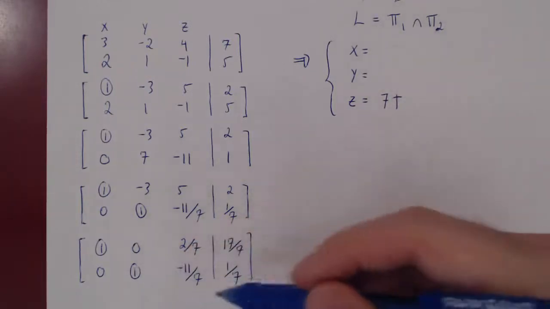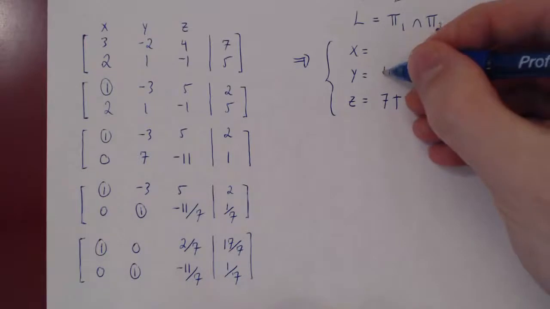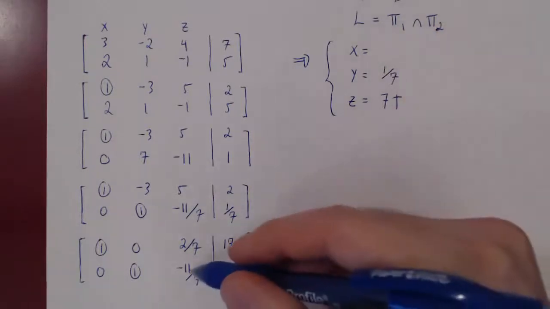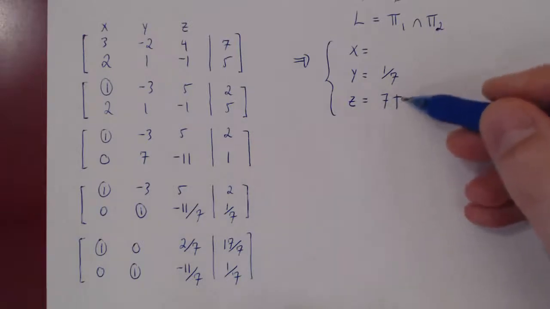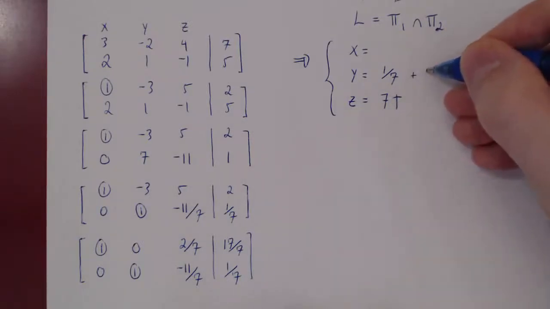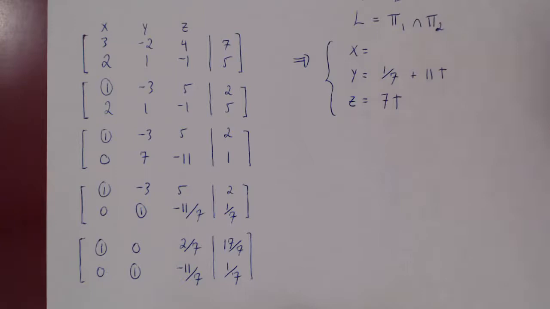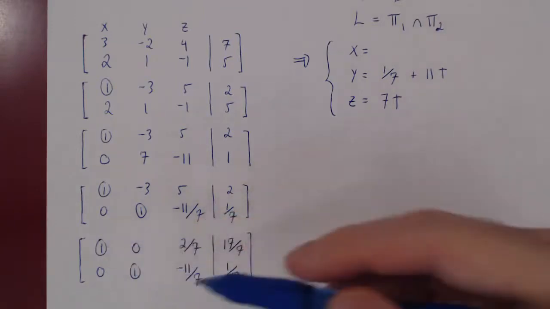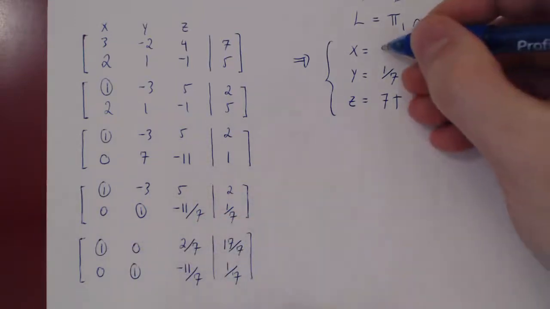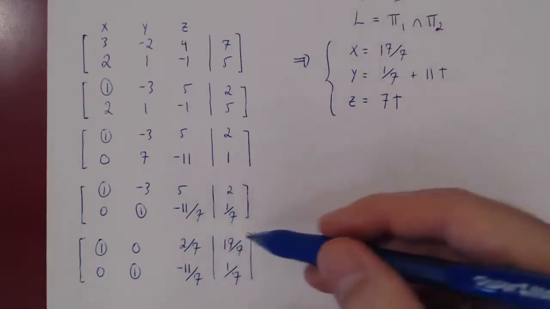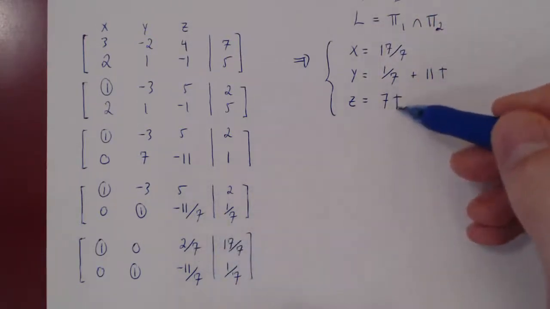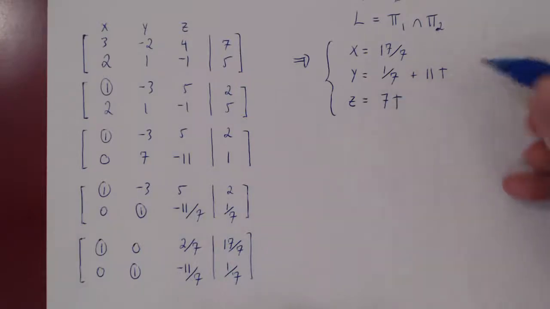Then if we solve for Y, it will be 1 over 7 plus 11 over 7 Z, which will give us plus 11t. And let's solve for x. X will be 17 over 7 minus 2 over 7 Z, but minus 2 over 7 times 7t will give you minus 2t.